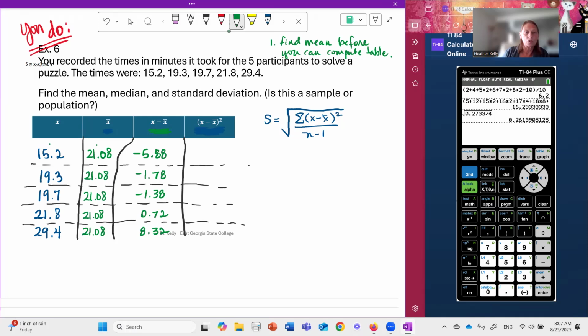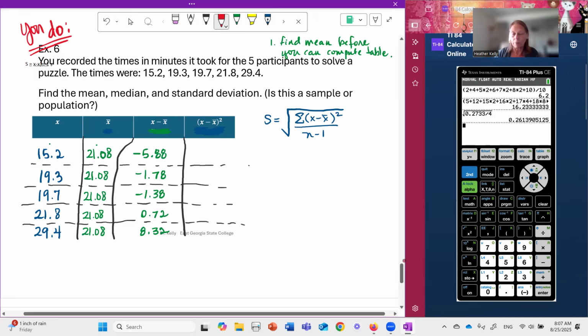And then remember, we're squaring these. Remember that these squares are never negative. Let me show you what I mean here while you're working on this. If you did 15.2 minus 21.08 and hit enter, you get that answer there.